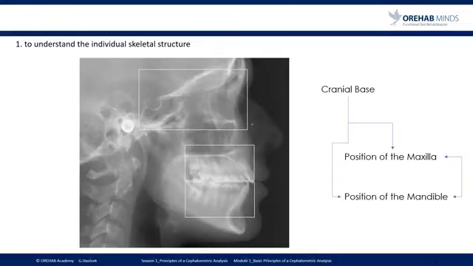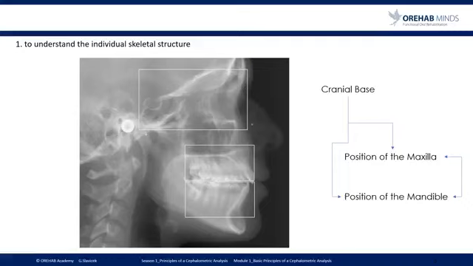We want to understand the individual skeletal structure. So our reference in dentistry, in oral rehabilitation, in prosthetic rehabilitation is the cranial base, the anterior cranial base. For our purposes, this is a fixed parameter. We are not changing this parameter. We are able to change some parameters in the occlusion, but also on the maxilla and the mandible.